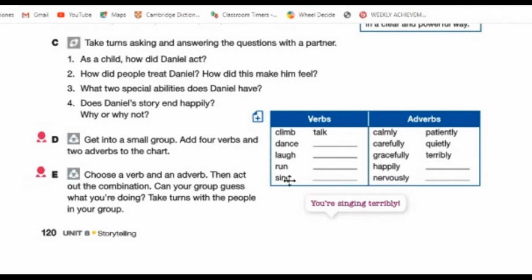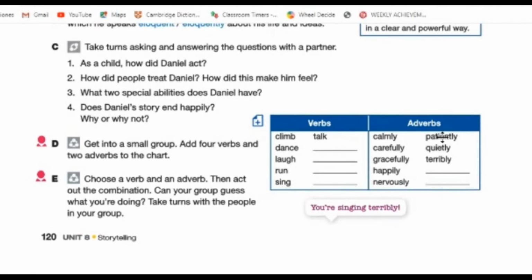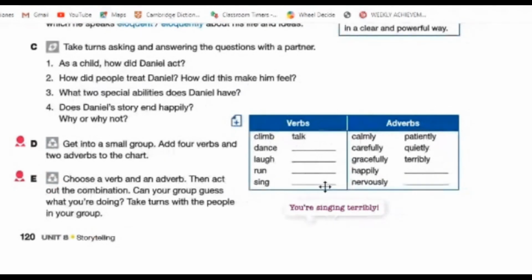You can say Maria sang a song beautifully, incredibly. Okay, now pay attention. Here you have verbs and here you have adverbs.